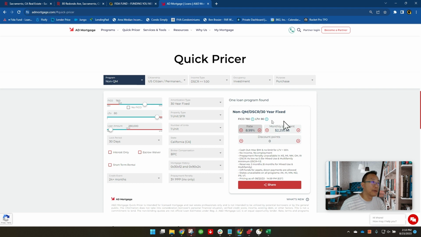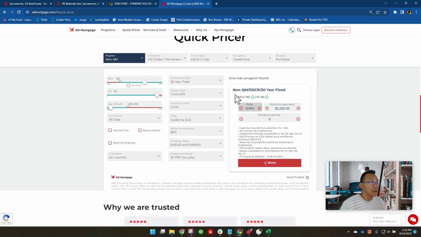Okay, so we got a rate, right? Non-QM, DSCR, 30-year fixed. Okay, I don't really like 8.99 because, as you can see earlier, we need to keep it under 8.5 to get at least a 1+ coverage ratio. So if I lower the rate to, let's say, 8.5 exactly, then we have to pay 1 discount point for this rate.